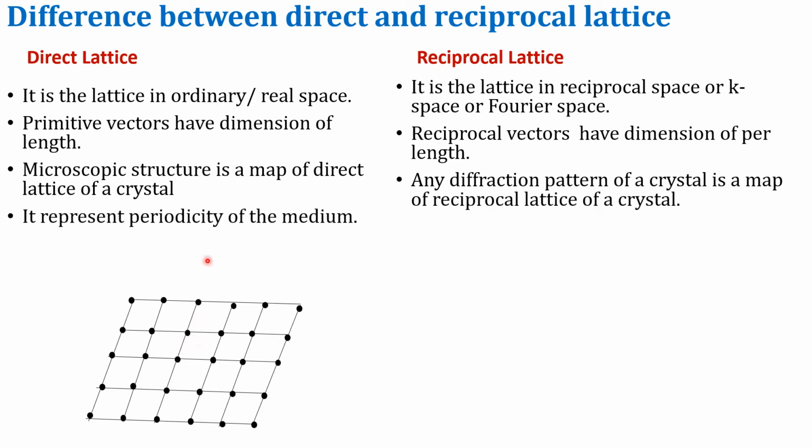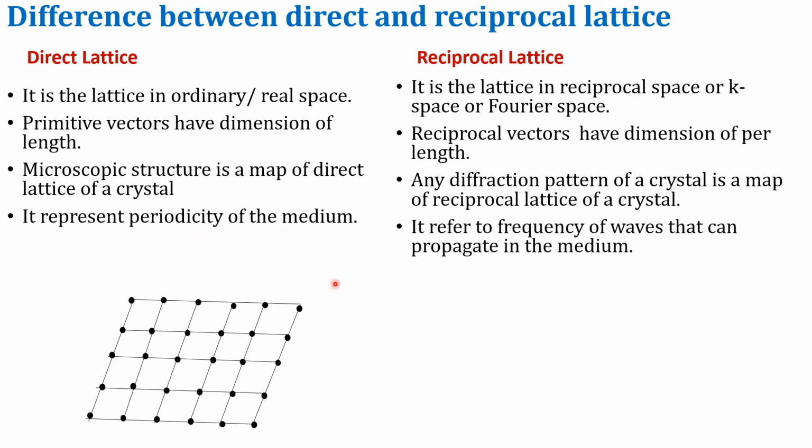In the direct lattice, we get the periodicity of the medium. In the reciprocal lattice, it refers to the frequency of waves that can propagate in the medium.